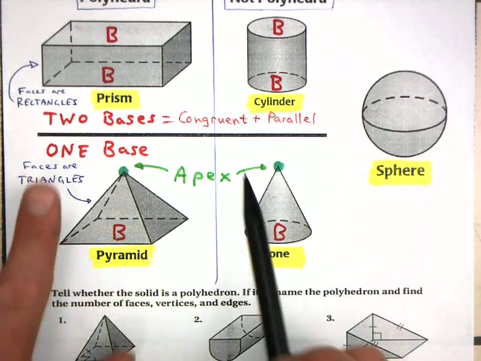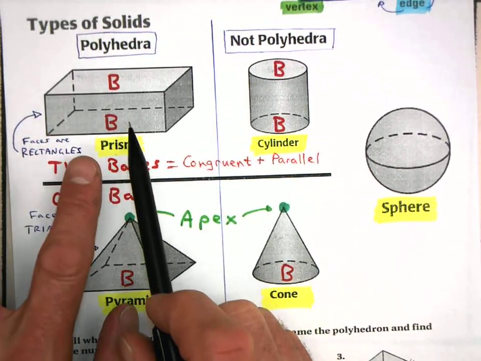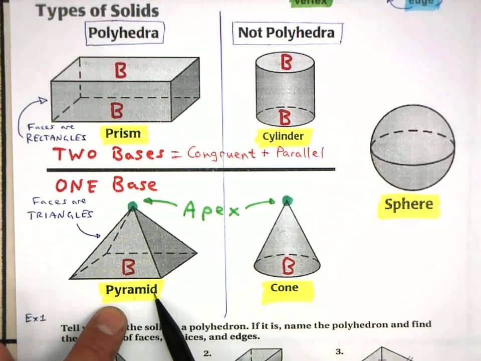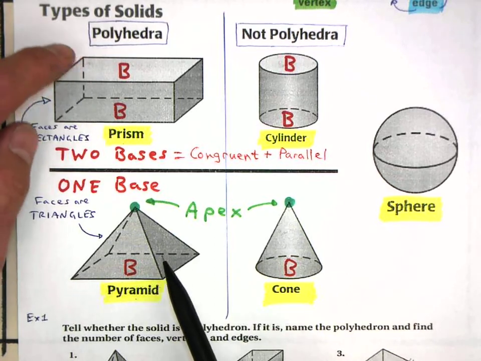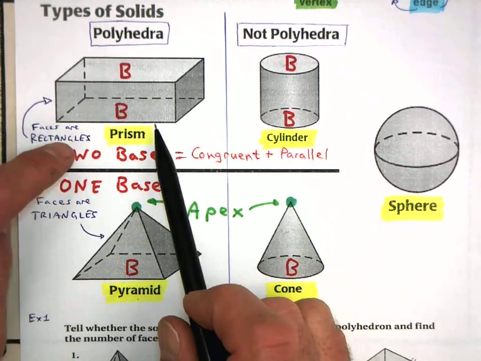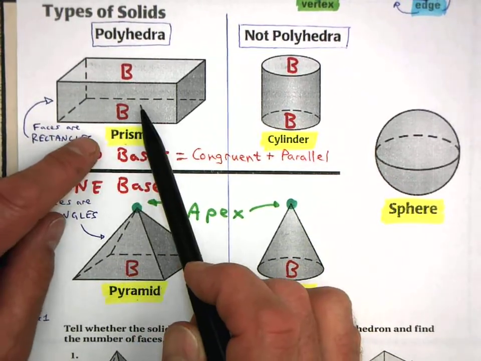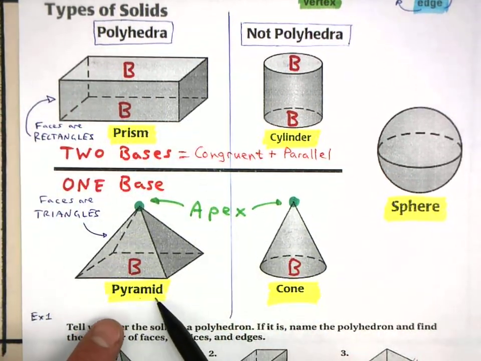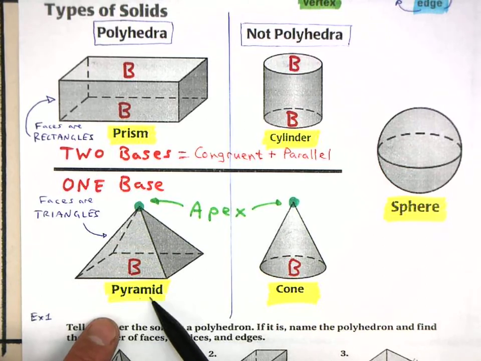So we've already identified that on the left hand side, a prism and a pyramid, those are polyhedra. In other words, a prism is a polyhedron, and a pyramid is a polyhedron. Why?